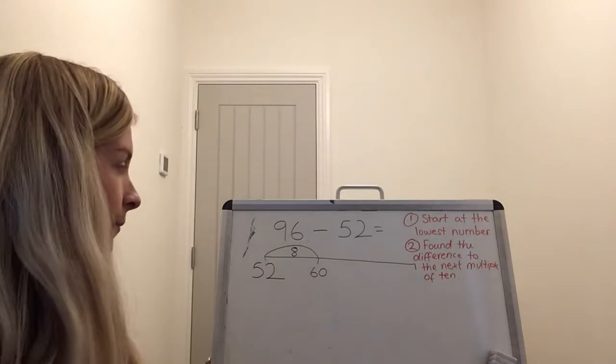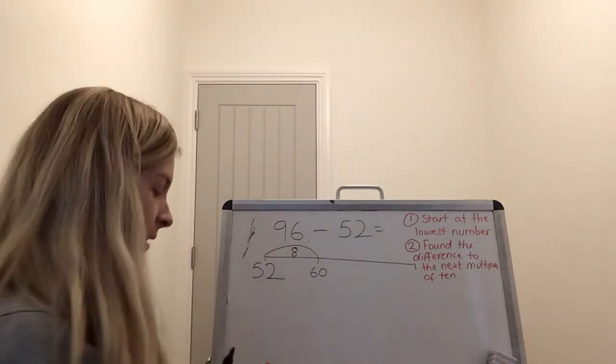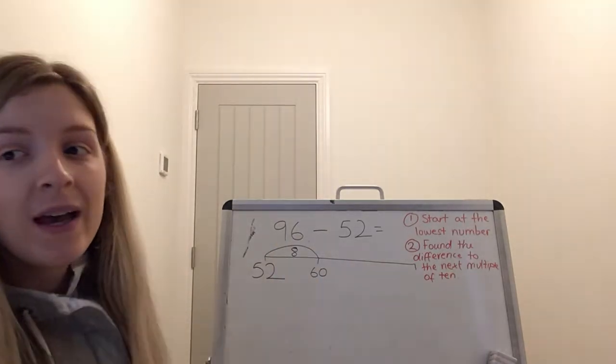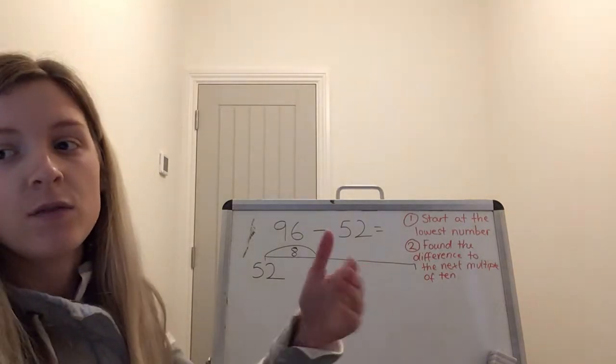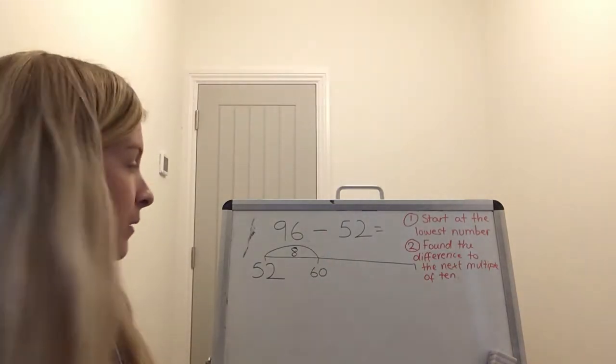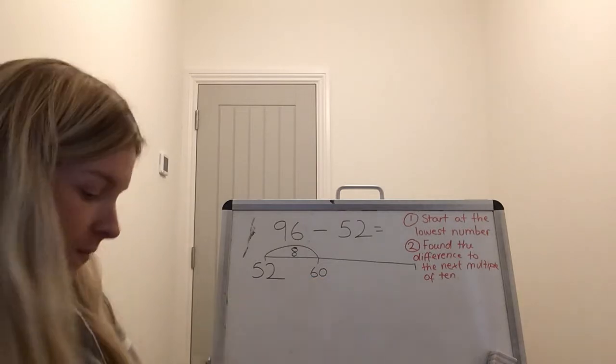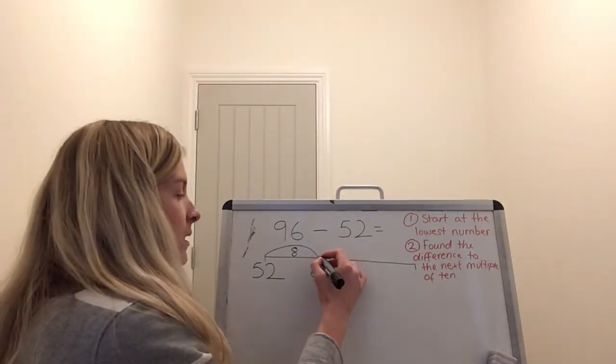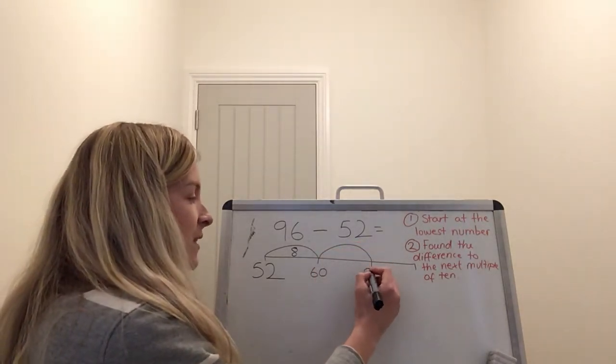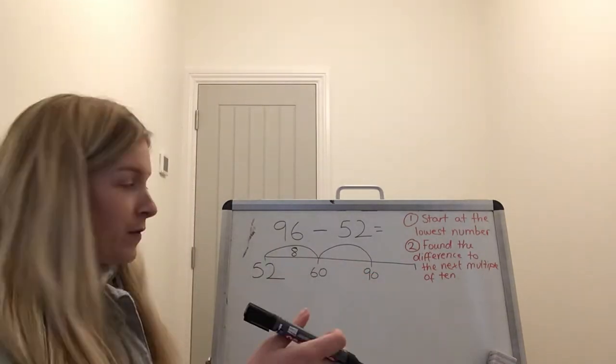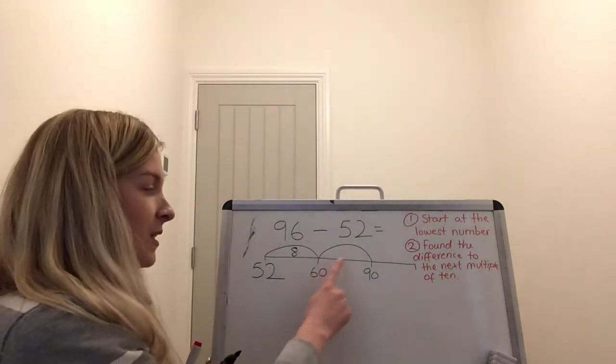Okay, now we still need to get to 96. You do not have to keep jumping in 10s if you do not want to. You might know that 60, you might want to take 60 all the way up and get to 90. Another multiple of 10, but not the next one. 60 to 90.